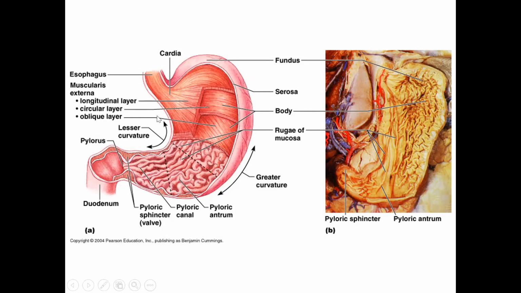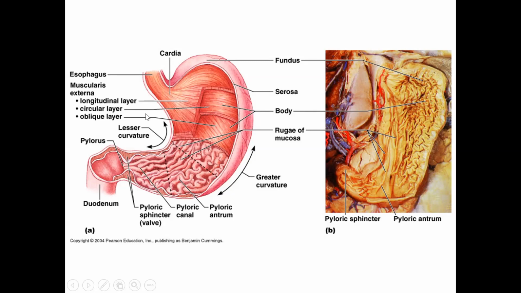So the muscularis externa of the stomach actually has three layers of smooth muscle. The deepest is the oblique layer, then the middle one is circular, and outside is longitudinal.